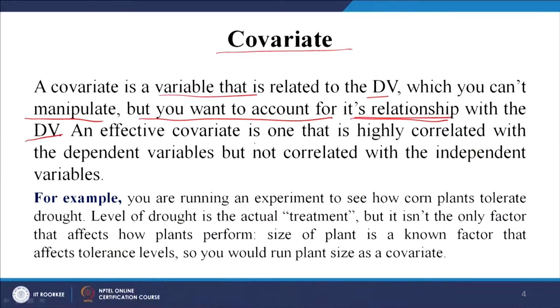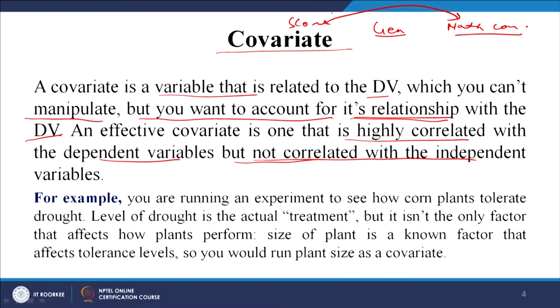An effective covariate is one that is highly correlated with the dependent variable, but is not correlated with the independent variable. That means, in this case, the gender and the maths courses taken logically should not be related, but the score achieved in maths and the number of maths courses taken should have a strong correlation, right.